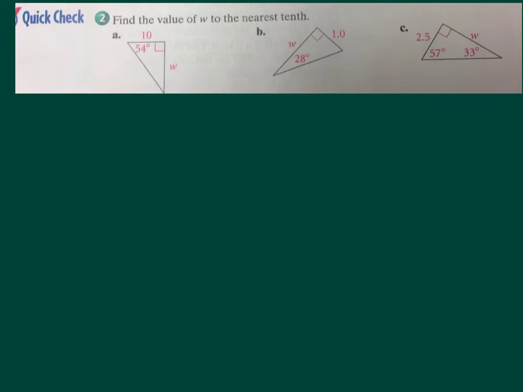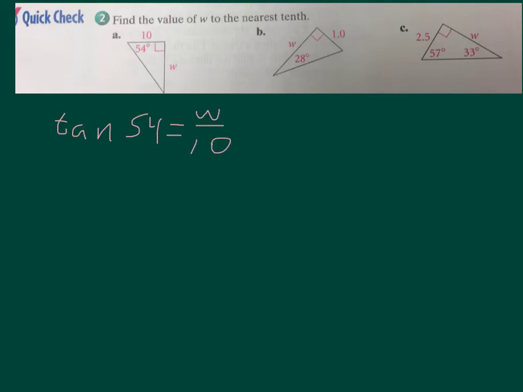Quick check number 2 asks us to find the length of the missing side based on what's given. So please pause the video while you try to figure out A, B, and C. For part A, the tangent of 54 degrees is going to equal W over 10, opposite over adjacent.